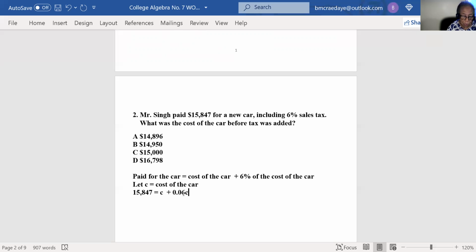So if we add those two together, we get 1.06.